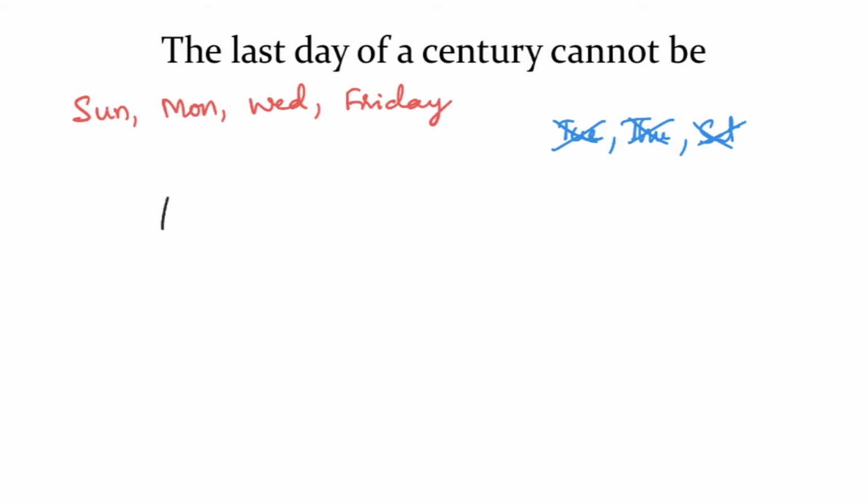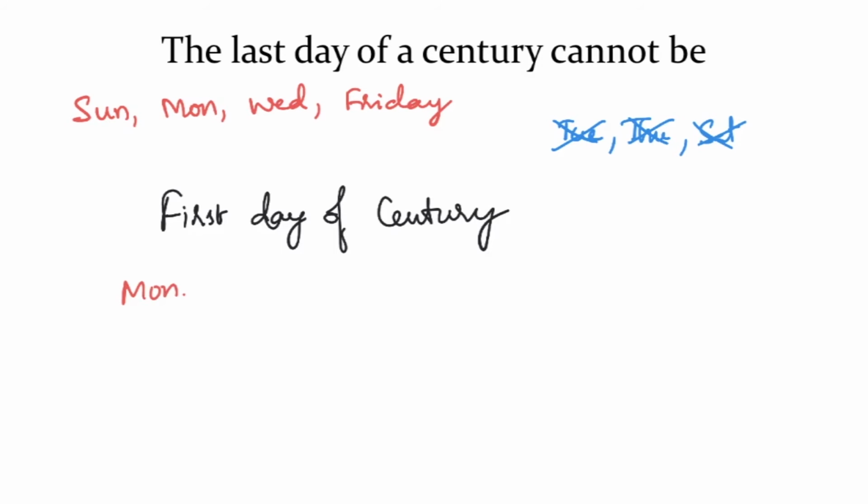If first day of century is asked, first day of century can be either Monday or Tuesday or Thursday or Saturday. First day of century cannot be Sunday, Wednesday, Friday. Remember these points.